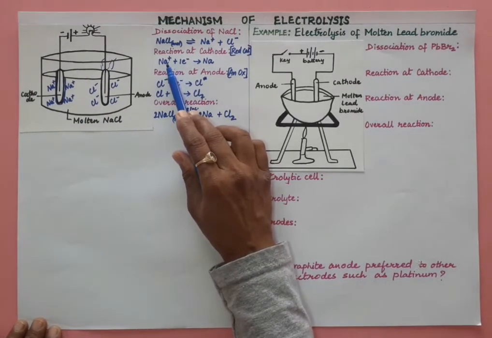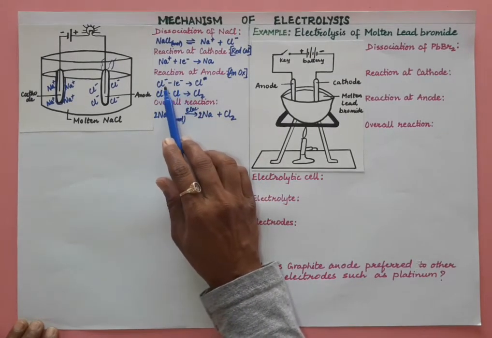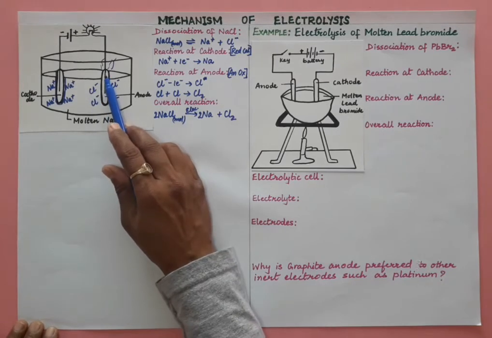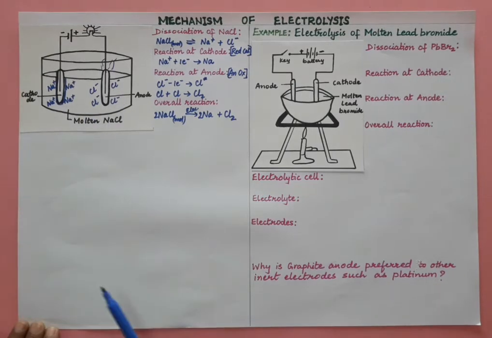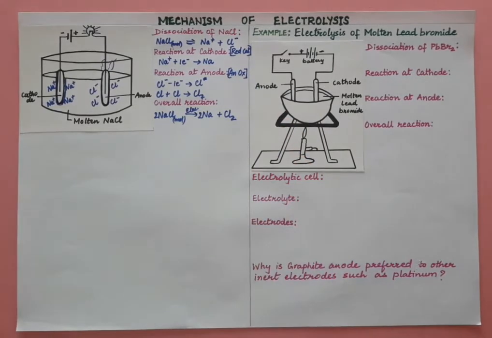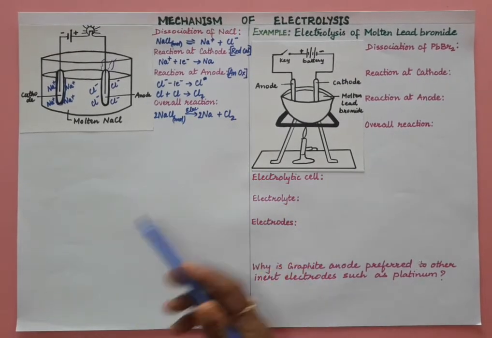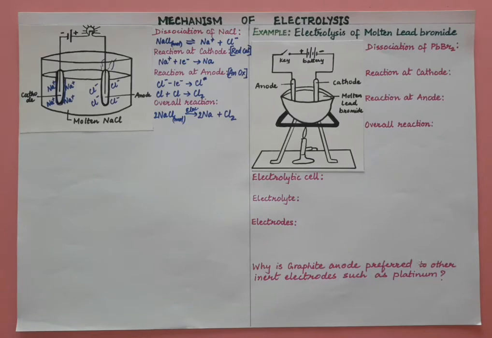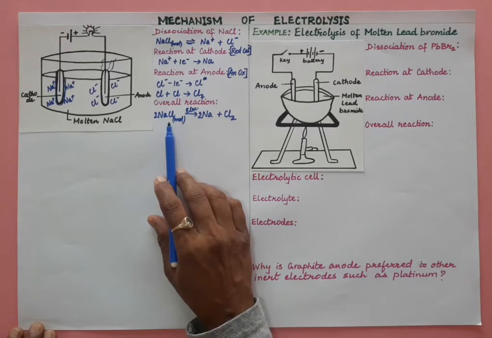One sodium ion gains one electron and one chloride ion loses one electron. The electron lost by the chloride ion is gained by the sodium ion. This is the shortcut to remember, RED CAT and AN OX, to avoid confusion. This is the final overall reaction. Both of these are examples of electrometallurgy, the extraction of metals from compounds by passing an electric current.